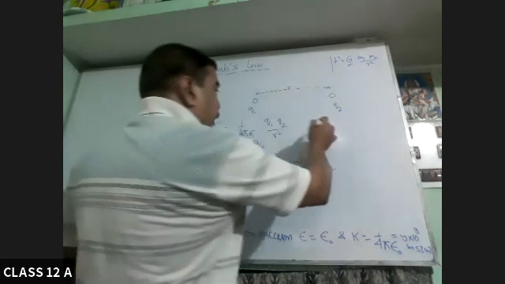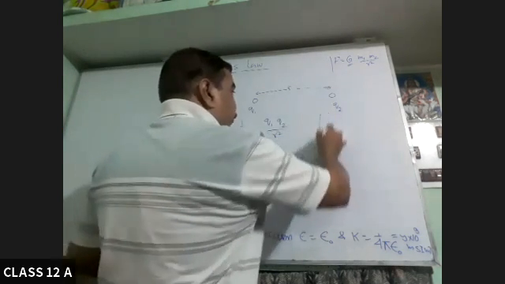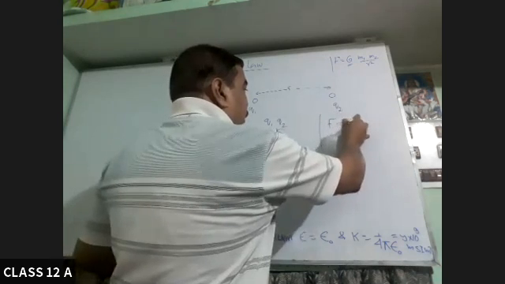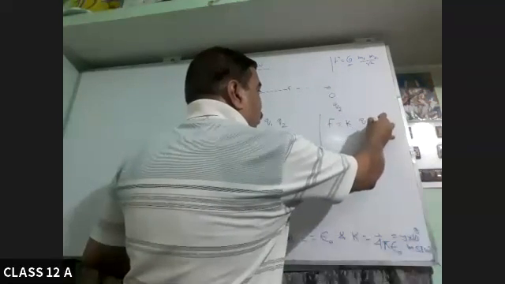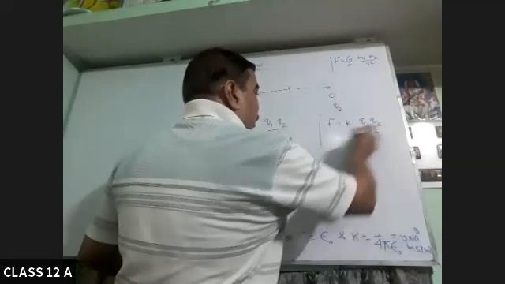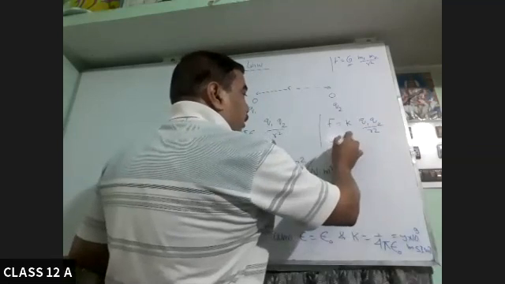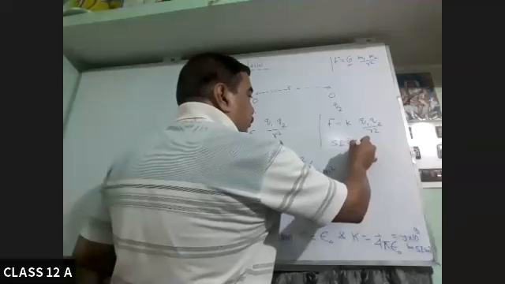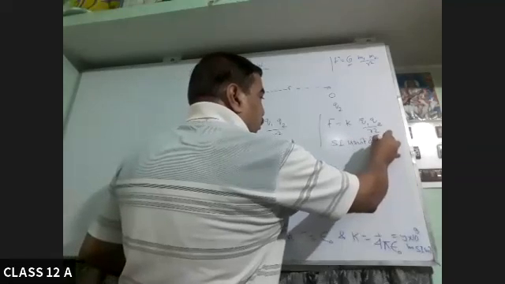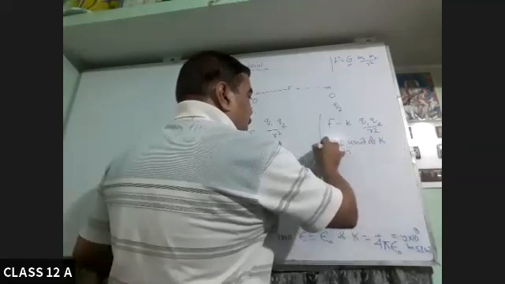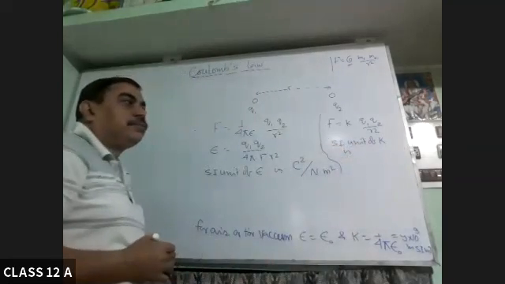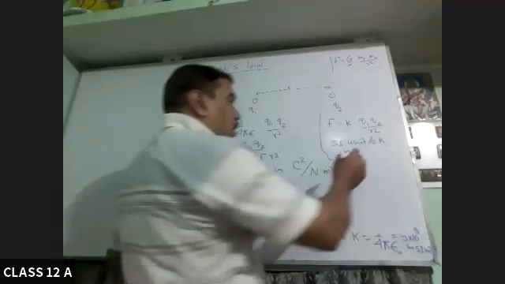Whereas if we are writing K, F equals K Q1 Q2 over R square, then what is the SI unit of K? Newton meter square per Coulomb square.